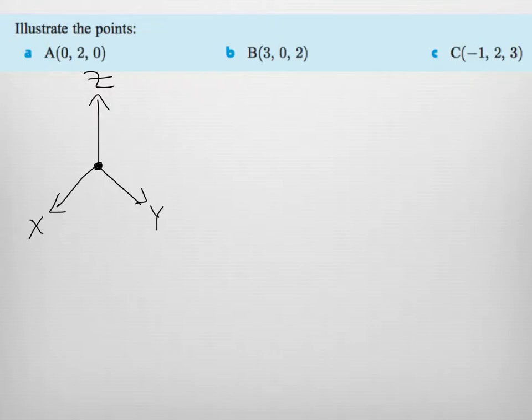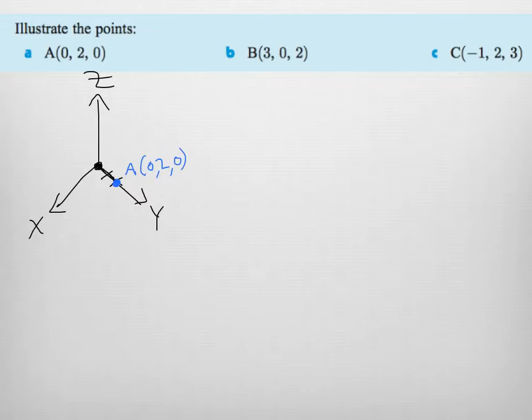We're going to go 2 units. Again, I'm just sketching here. We're going to go 2 units in the y direction, right? And then we're going to go 0 units up. So really, my point ends up being this point right there. Okay, and that will be my A: 0, 2, 0.